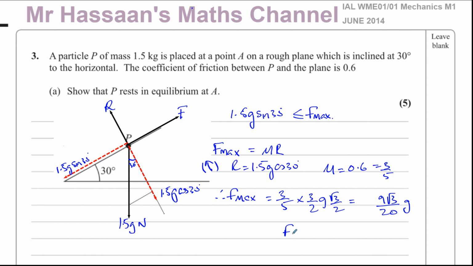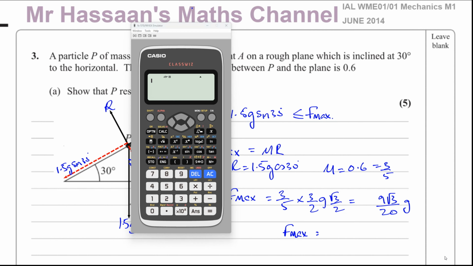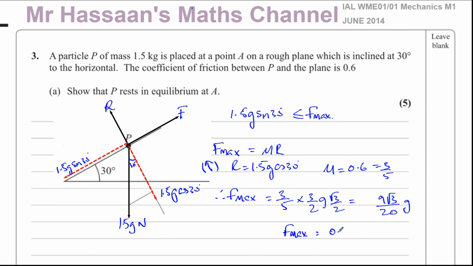I'll write this also as a decimal so we can compare it easily. So 9 root 3 over 20 g. I have 9 times root 3 over 20. I'll just keep it like this and then put it in terms of g. That's going to give us 0.7794 g, which is 0.779 g.